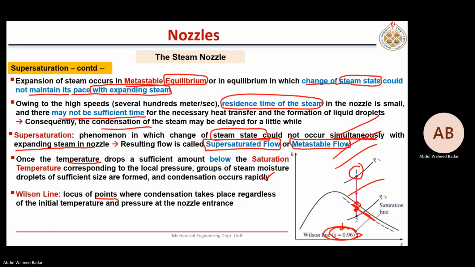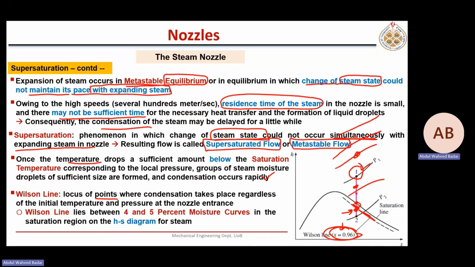Whatever the inlet point, condensation will finally occur when x is about 0.96. This Wilson line lies between the 4 and 5% moisture curves on the HS chart for steam.